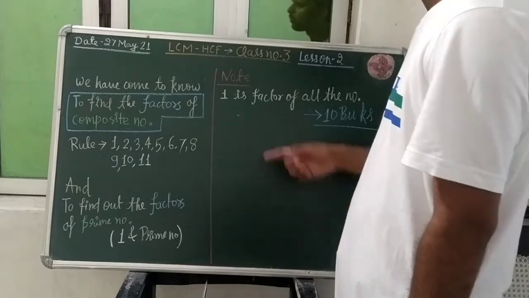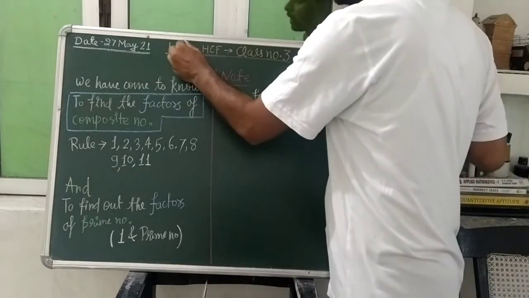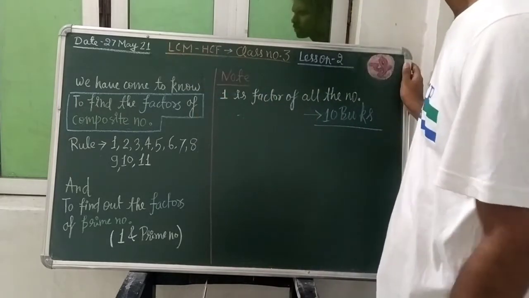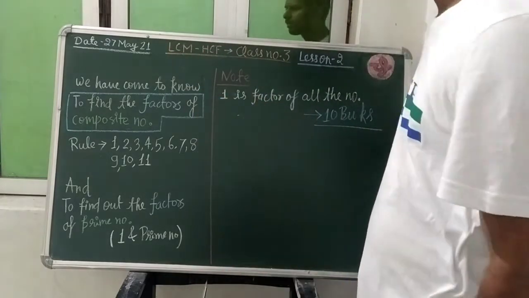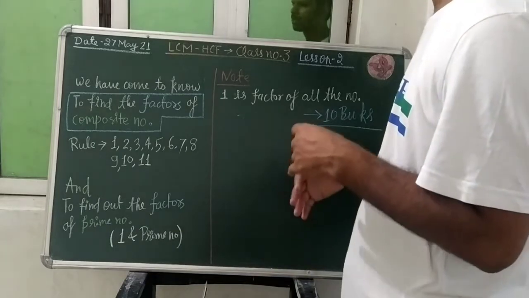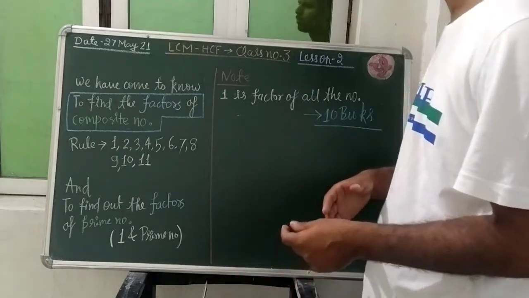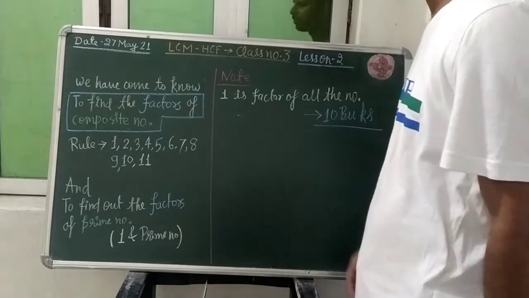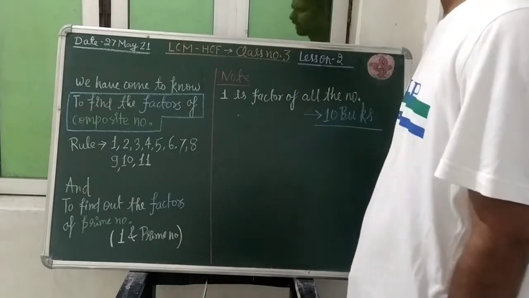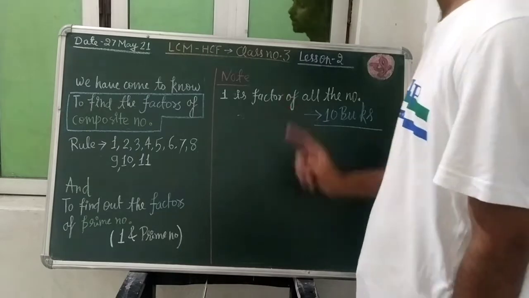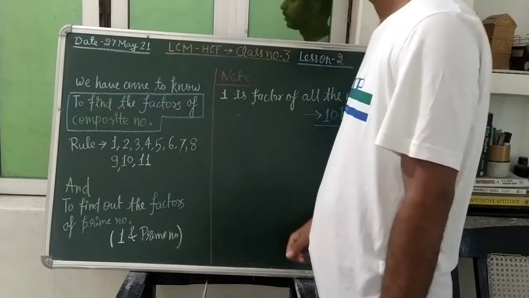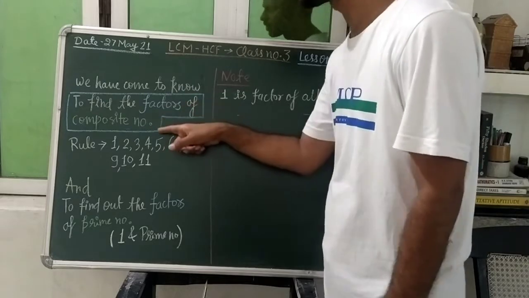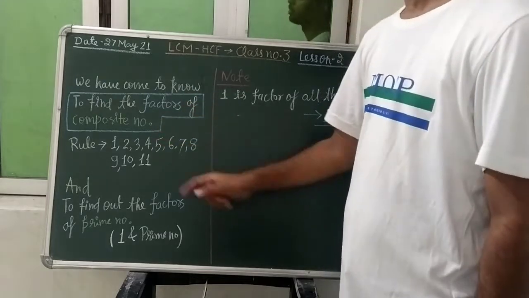So in this we shall talk about the multiples and the factors. How to know the multiple of any number? What shall we do, students? We shall read out the table of that number. That will be the multiple of that number. But students, to find out the factors of a composite number, we shall apply this rule.